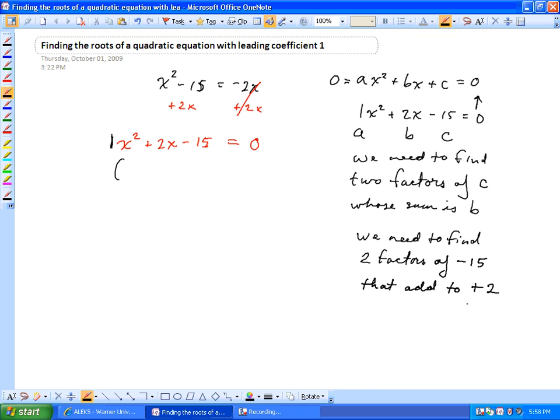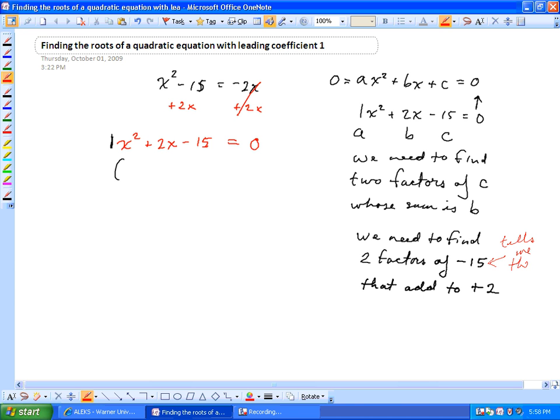Since the product is negative, the signs of the factors are different. If it was a positive 15, the signs of the factors would be the same.